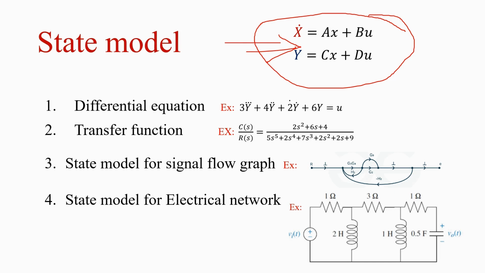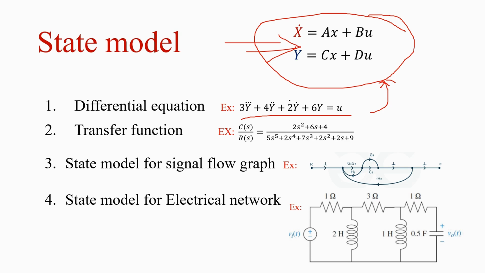In this unit, there will be four different forms of problems. First, they give differential equations, for example 3y triple dot plus 4y double dot plus 2y dot plus 6y equals u. It is a differential form of the equation, and we have to find the state model equation from this.